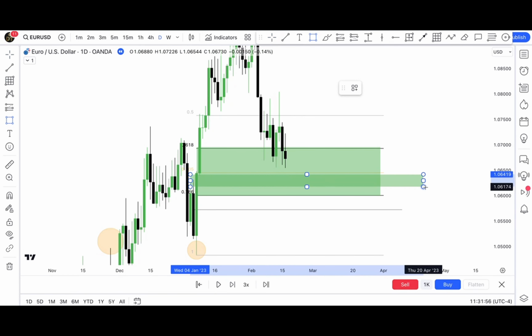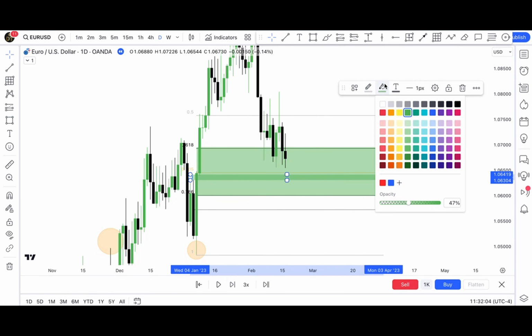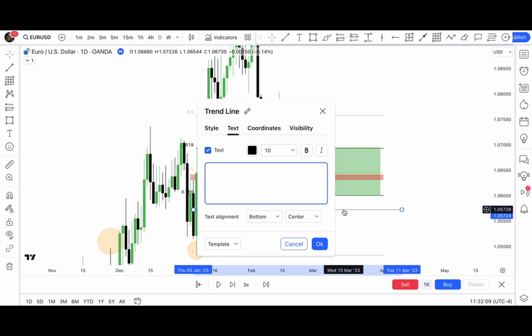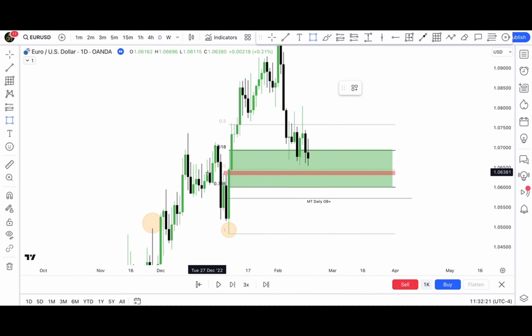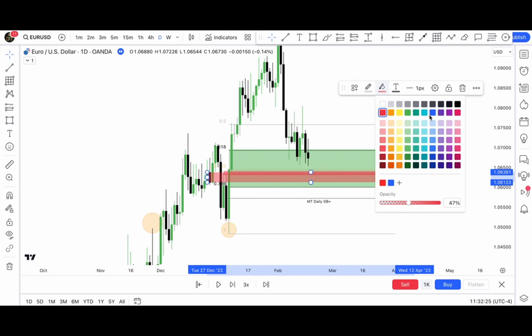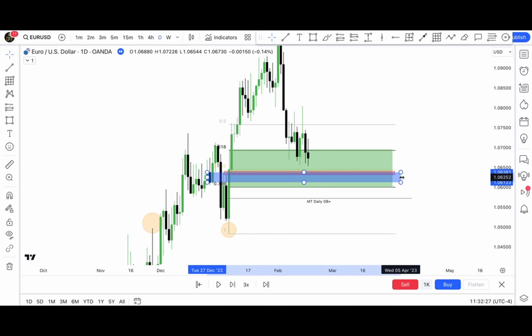Also have a fair value gap. And also there's a breaker right here. So we have lots of confluences in this area. So this is going to be a really interesting situation.